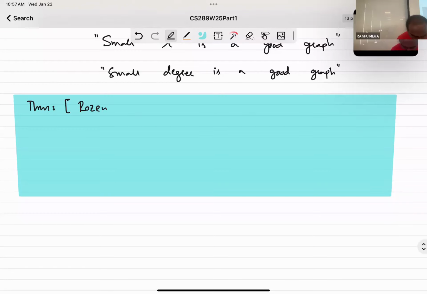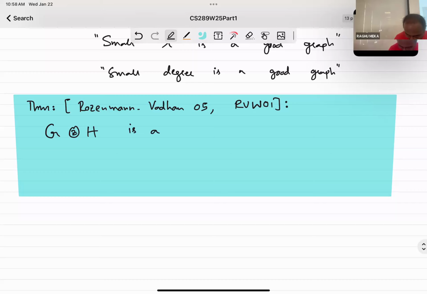The quantitatively sharp thing that we are going to show is due to Rozenman and Vadhan from 2005. The original paper, which defined the zigzag product, had a slightly weaker bound with a more complicated analysis, due to Reingold, Vadhan, and Wigderson. So it's an (N·D, D1 squared, lambda) graph.